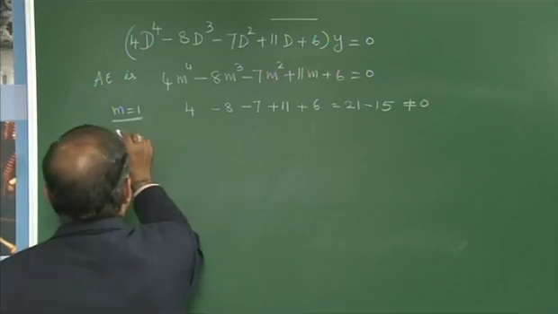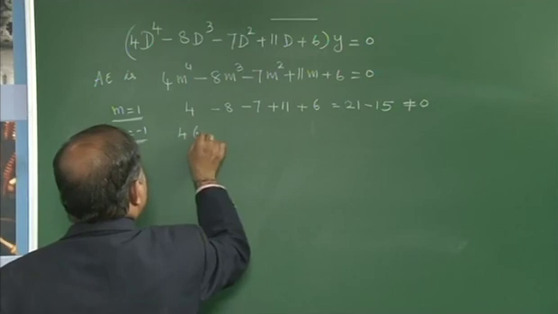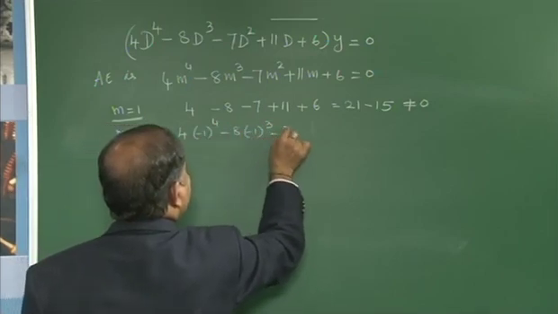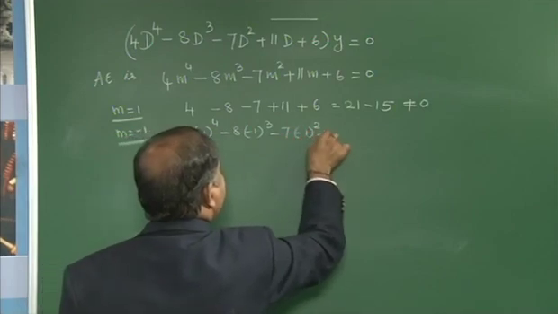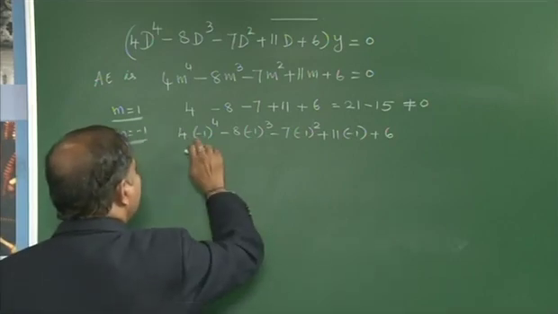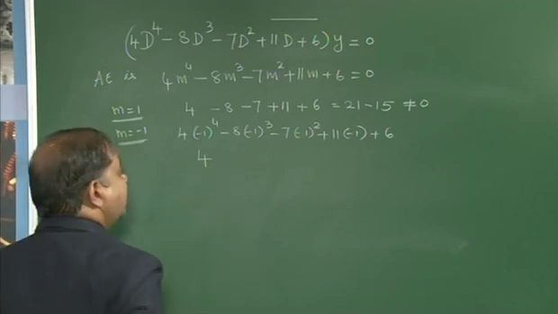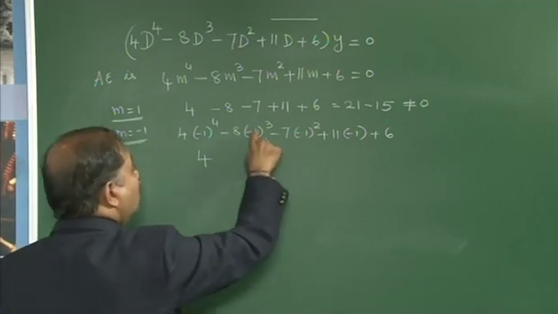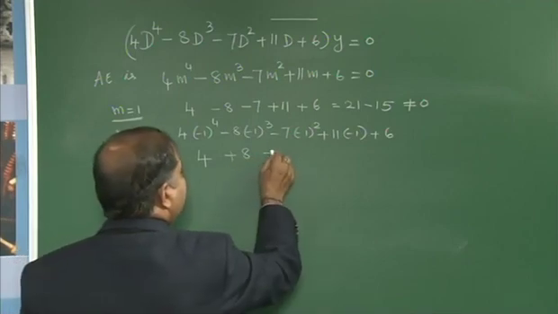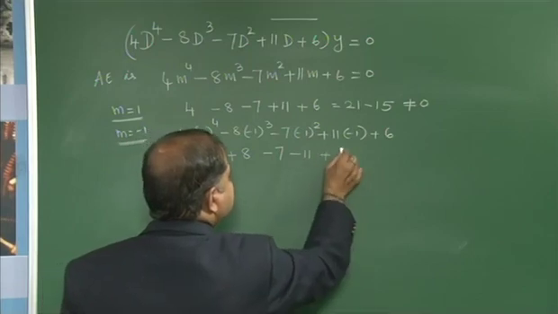Now, take the next value, m is equal to minus 1. 4 into minus 1 to the power 4, minus 8 into minus 1 whole cube, minus 7 into minus 1 whole square, 11 into minus 1, plus 6. Minus 1 power 4 is positive, so no change in the sign, 4. Minus 1 whole cube, minus, so plus 8. Same way minus 7, minus 11, plus 6.